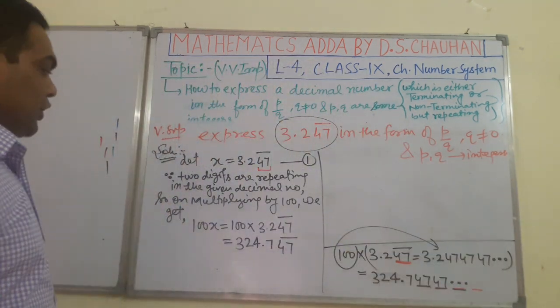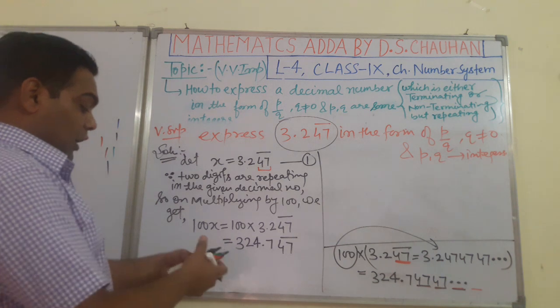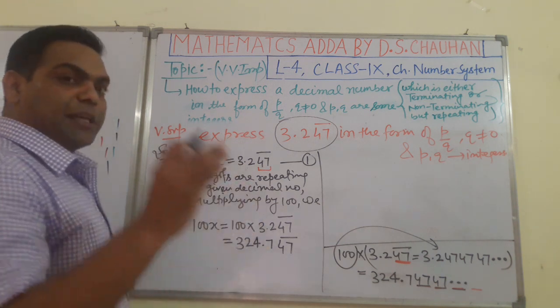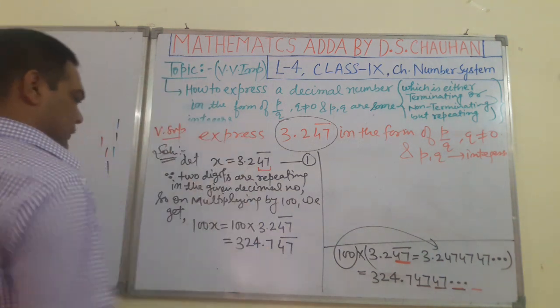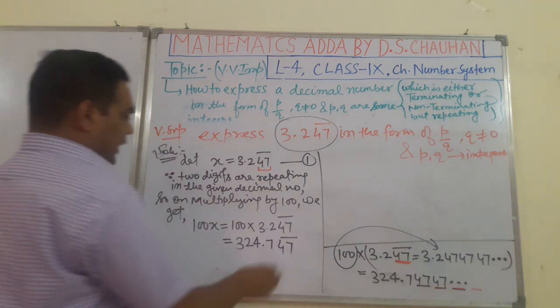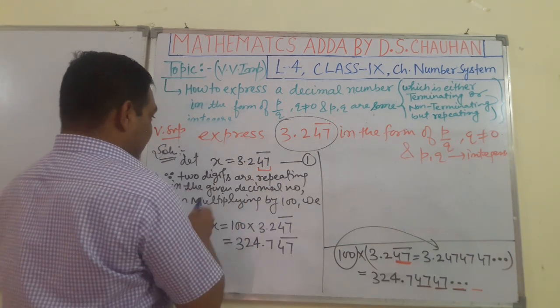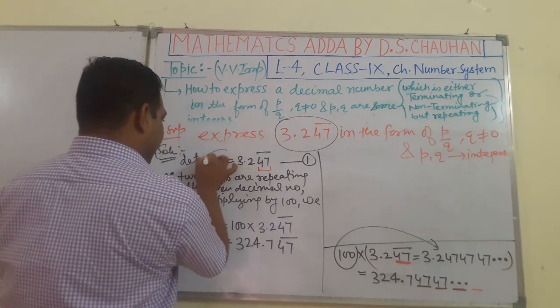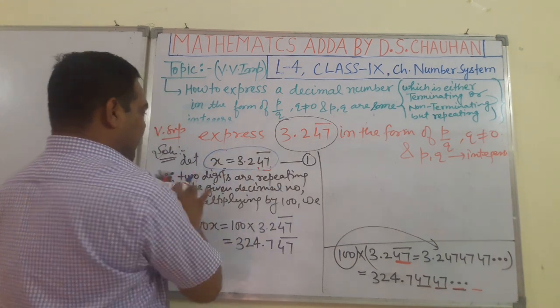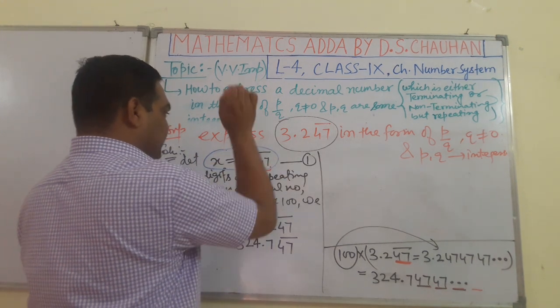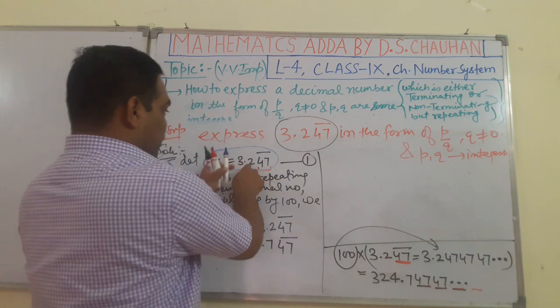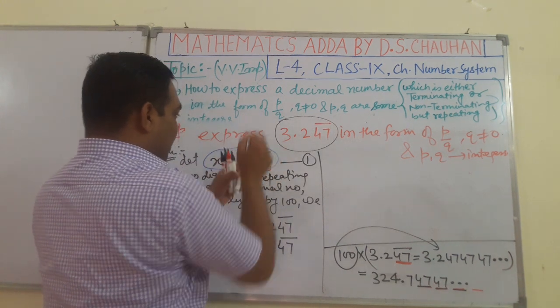Okay students, now just after it, how will you proceed? This is the big question, try to understand. See here, in the question we have considered x equal to 3.247 bar, that is 2 and 47 bar.